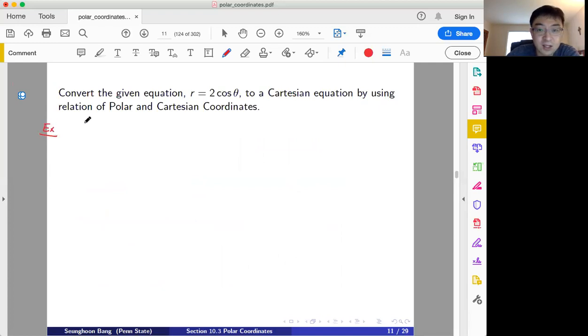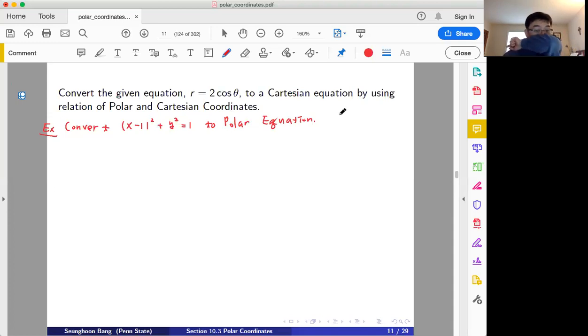The next example: convert the Cartesian equation to a polar equation. How can we change this one to a polar equation?